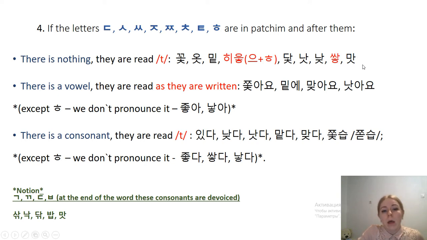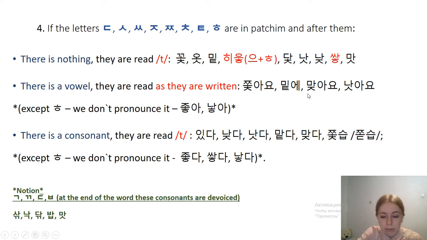But in the case, if you see that after these letters there is a vowel after them, so you read them like you write them. For example, if there is ch in Patchim and then it's a vowel sound or diphthong, in this case, we read ch like ch. So we have 좋아요.